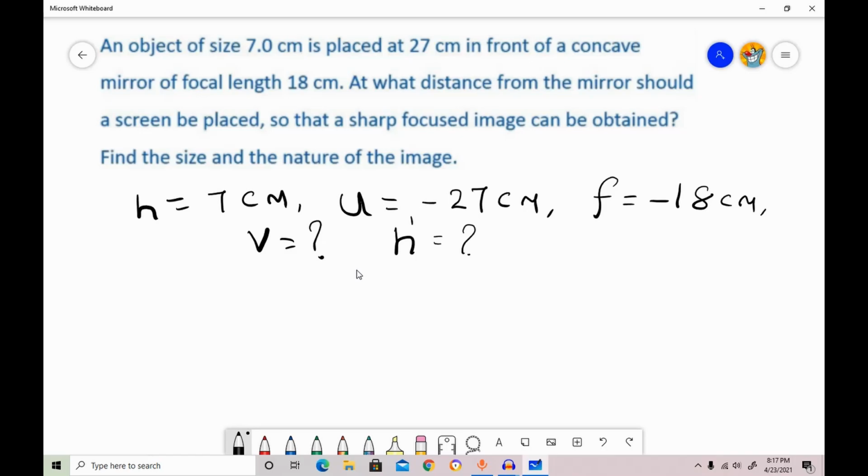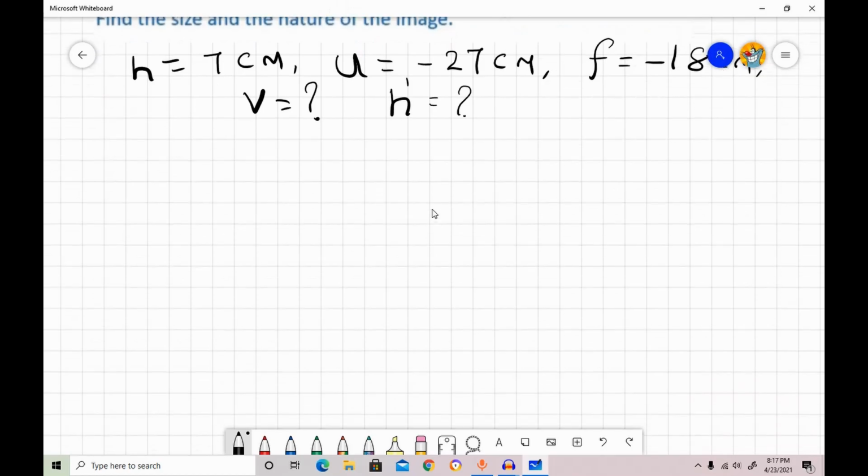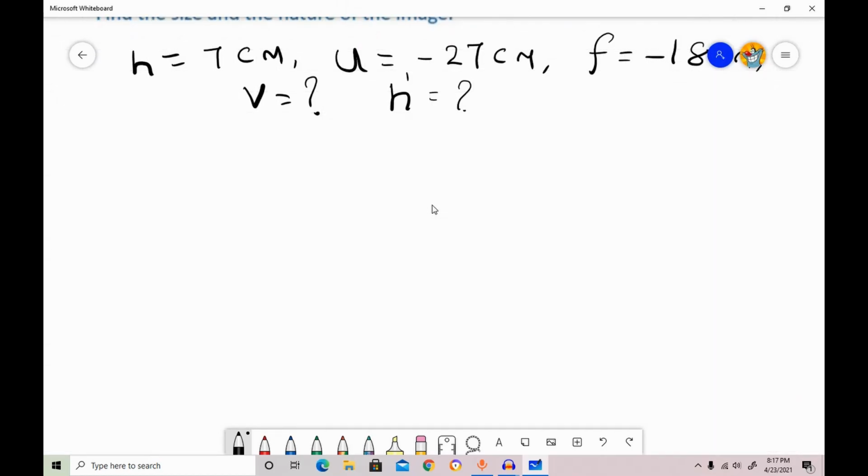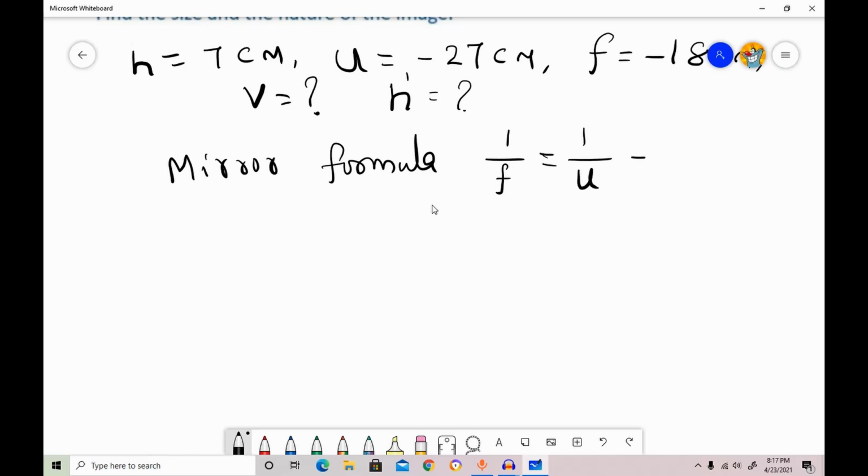So first, you have to recall the mirror formula: 1 divided by f equals 1 divided by u plus 1 divided by v.